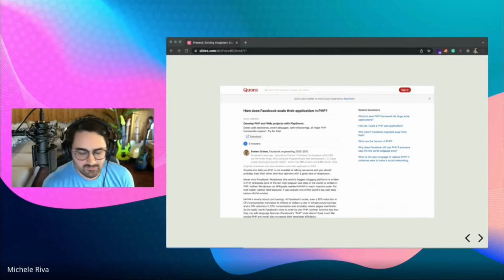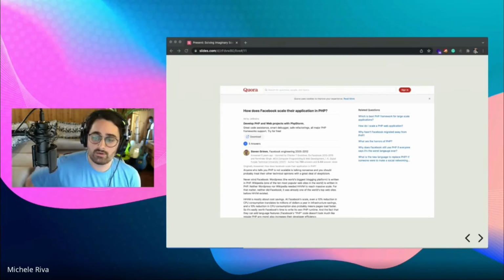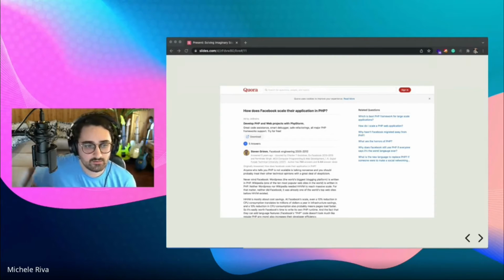But again, they are Facebook. They are running a huge load of traffic. But if we think of websites such as Wikipedia or great websites supported by WordPress, then we are talking of very big websites that are built and implemented in PHP, and they are scaling well.